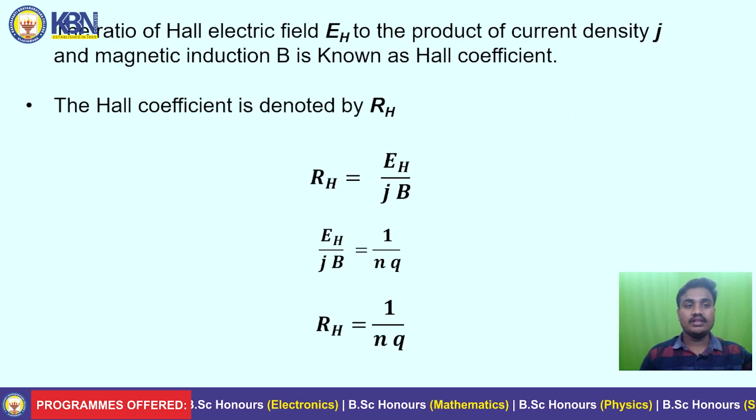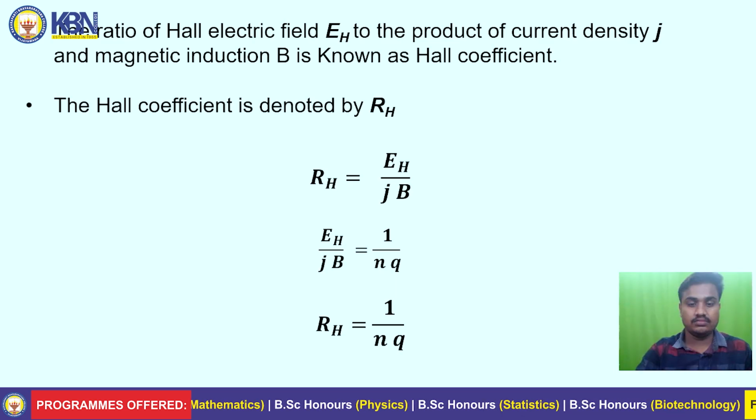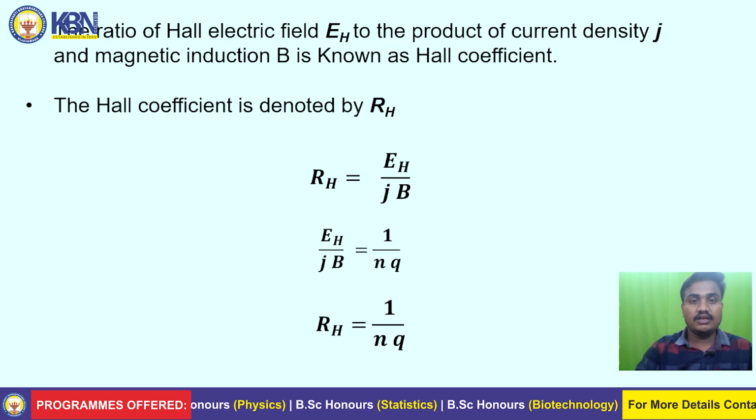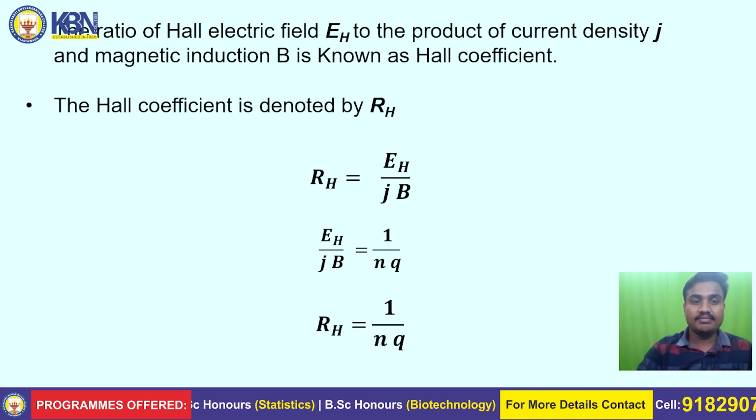The ratio of Hall electric field to the product of current density and magnetic induction is how we determine the Hall coefficient.